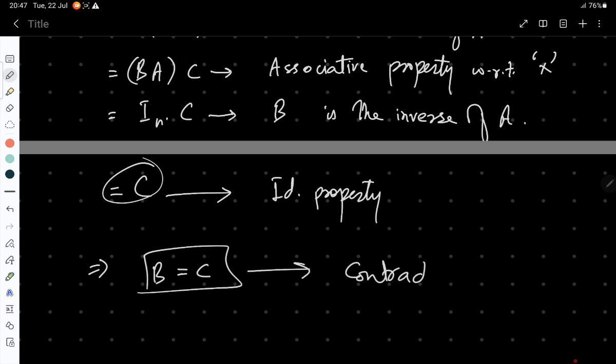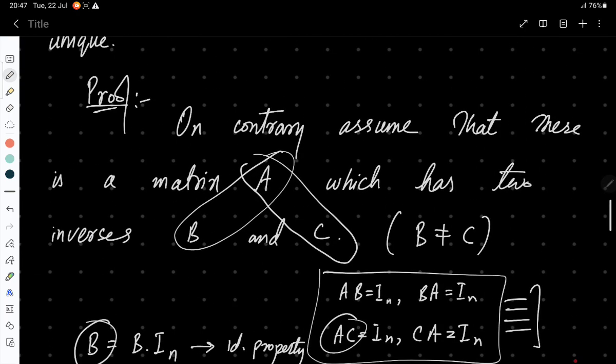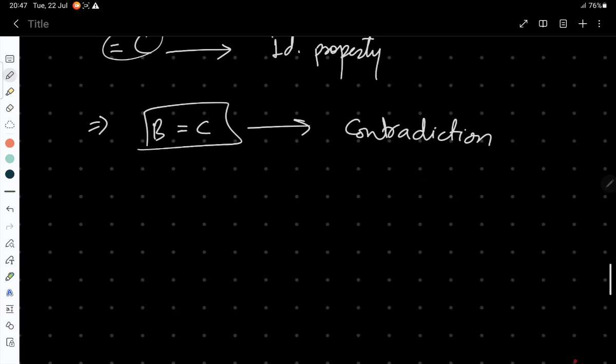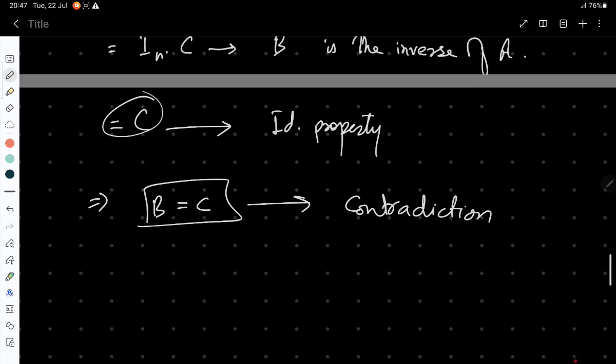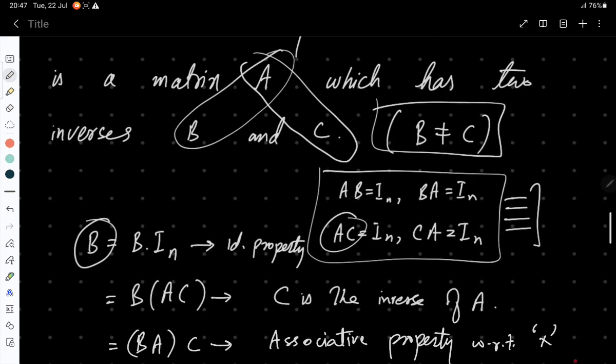How is it a contradiction? Because our assumption was that B and C are different. But here we got that B and C are the same. So both statements cannot be true at the same time. Either this is true or this is true. This is called the contradiction.